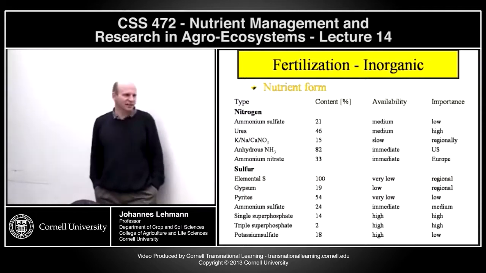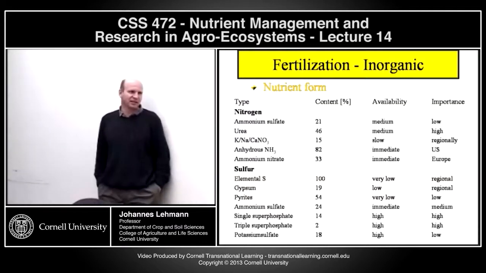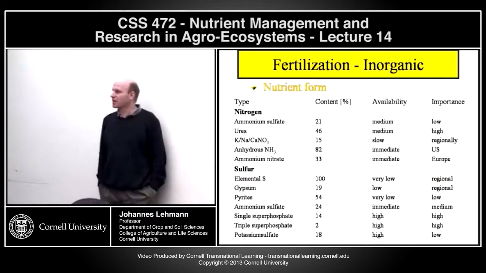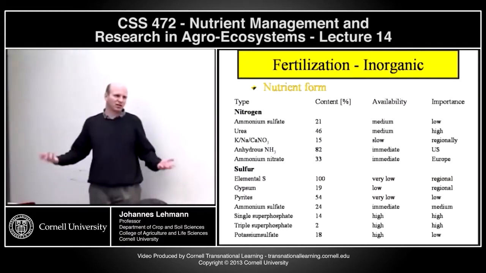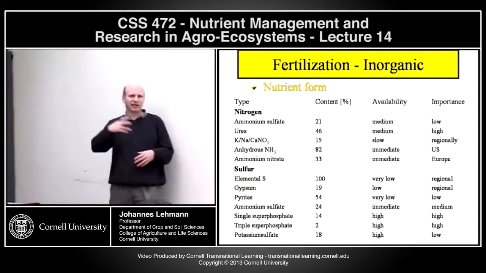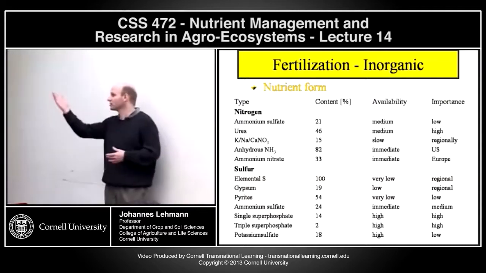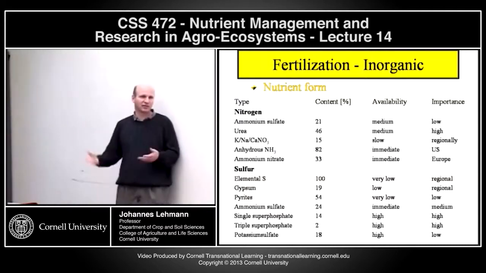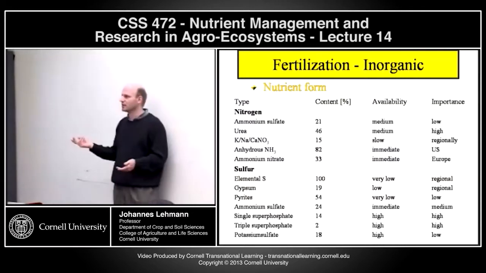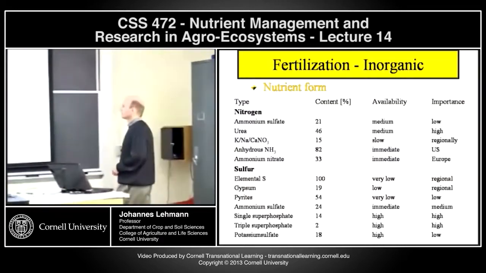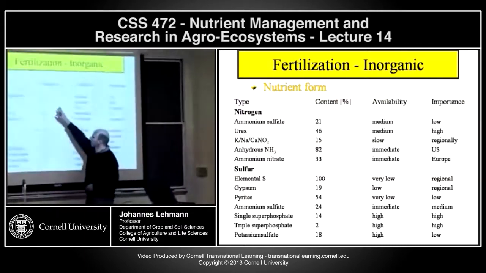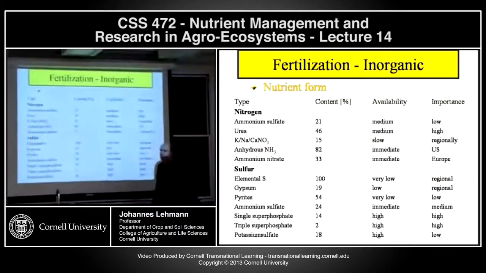Relatively low content of nitrogen, so 21% of nitrogen in ammonium sulfate. That means transportation costs are very high. If you need to haul it around and it has only 20% versus something else that has maybe 40% or even 80% nitrogen. Since transportation is a big deal, you're probably switching to others. Like urea is a very popular one.